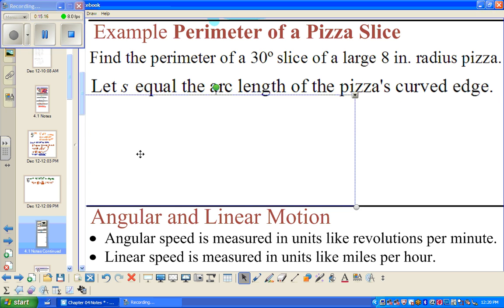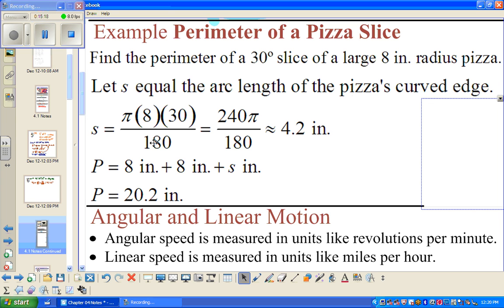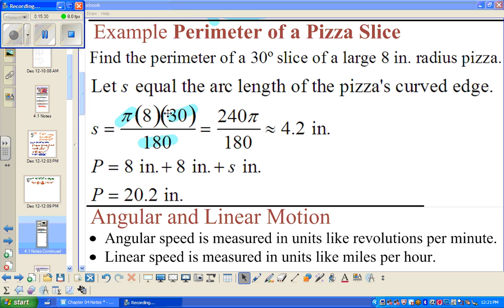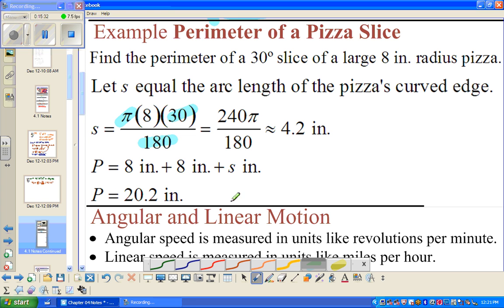Since this time it's in degrees, you're going to take your degrees, convert it to radians, so times pi over 180, and multiply by the radius. 4.2 inches is what you would get.